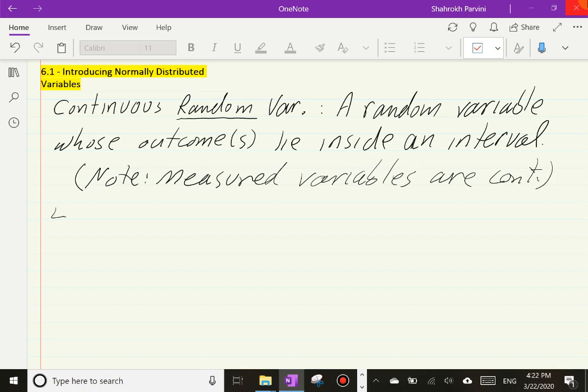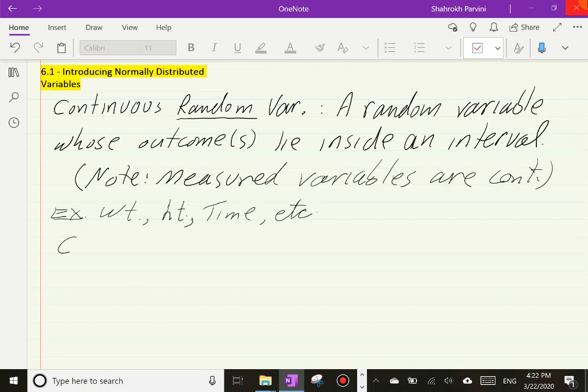So examples of these we've talked about before would be things such as weight, height, time, for instance, and so on, etc. These are all measured quantities. Now, the probability distribution of a continuous random variable, it's also continuous.